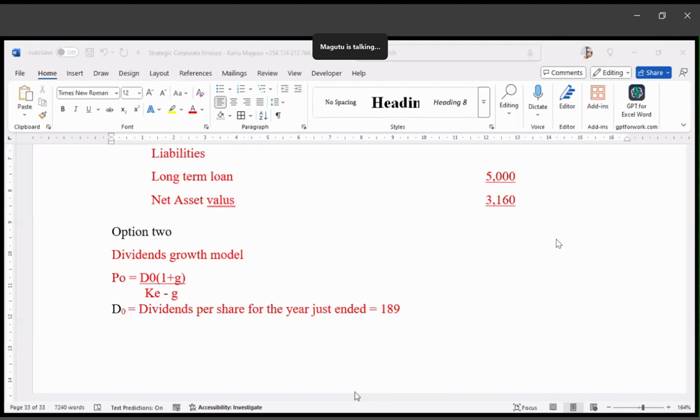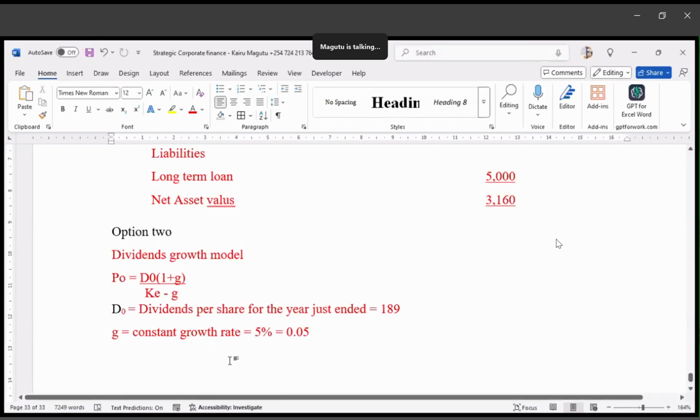So we can say that growth rate, g, is equal to the constant growth rate, which is 5%, this is 0.05.